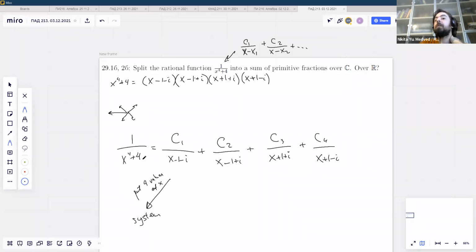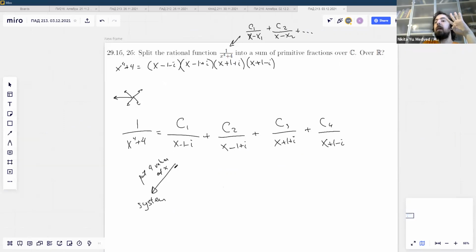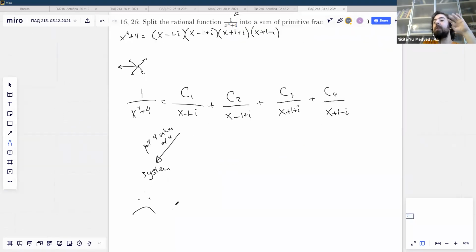If you put four different values of x into the left-hand side and right-hand side, in both cases, you get some number multiplied by C1, a number multiplied by C2, etc. So you get a system of four linear equations with four variables. However, the equations will be hard. Well, maybe not really hard, but there will be four of them with four variables and the coefficients won't be nice. So there is another way.